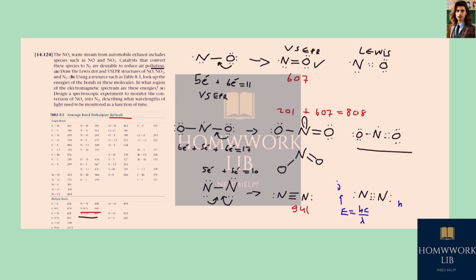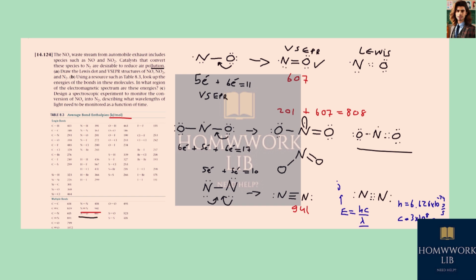H is 6.626 times 10 to the power of negative 34 joule-seconds. C is approximately 3 times 10 to the power of 8 meters per second. And we need to find the lambda.